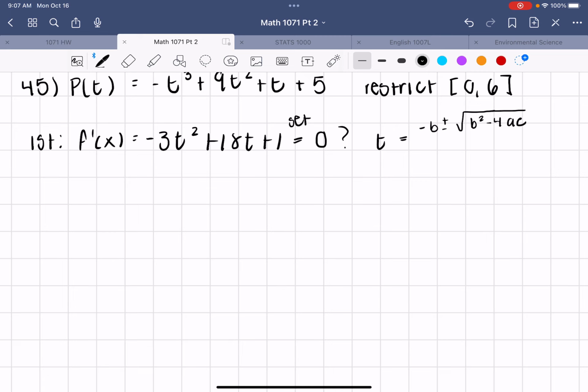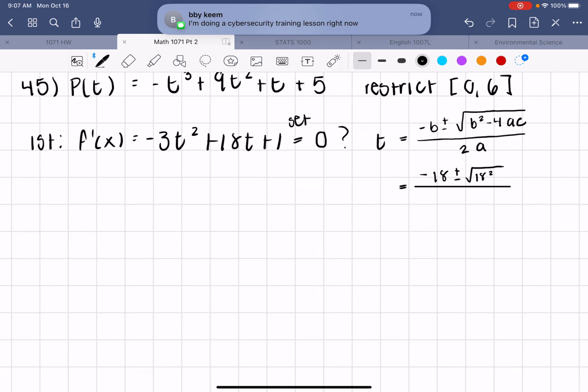So that's negative 18 plus or minus the square root of 18 squared minus 4 times negative 3 times 1, all over 2a, which is negative 6.